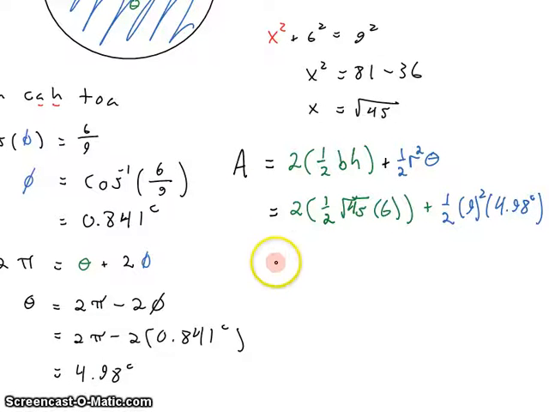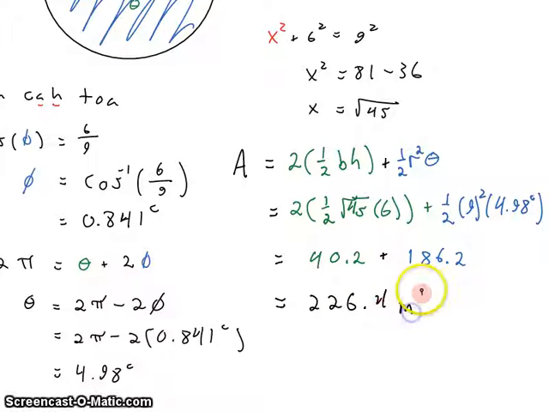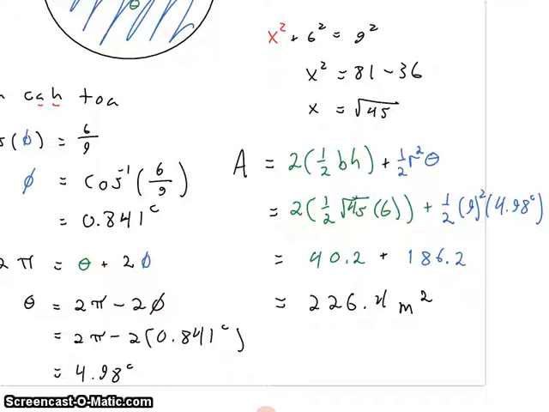Like we said, everything here is known, except for the total area. So all we have to do is plug all of this into our calculator and solve. The first term works out to 40.2, and the second term works out to 186.2, for a total area of 226.4 square meters for that sheep to eat.